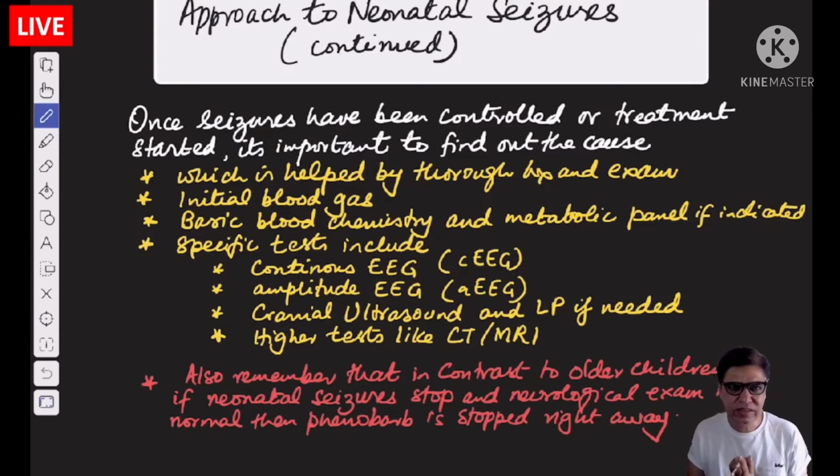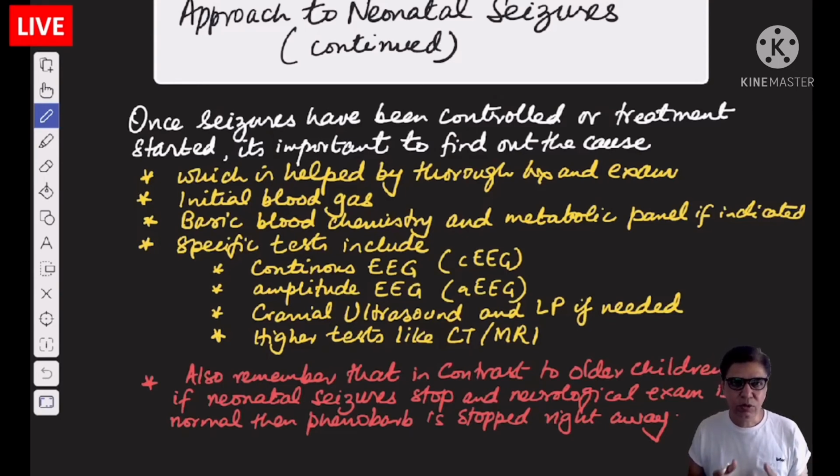But these days in neonatal intensive care units around the world, there has been a trend to use what we call amplitude based EEG. Now, amplitude based EEG is a simple one because you just need two electrodes which are placed on the centrotemporal regions of the scalp, and instead of 1 hour or 3 hour EEG monitoring, you can monitor the child for more than 24 hours.